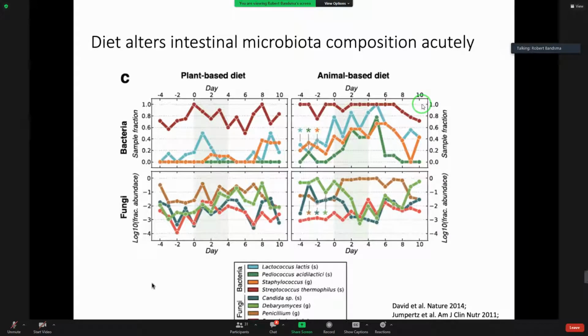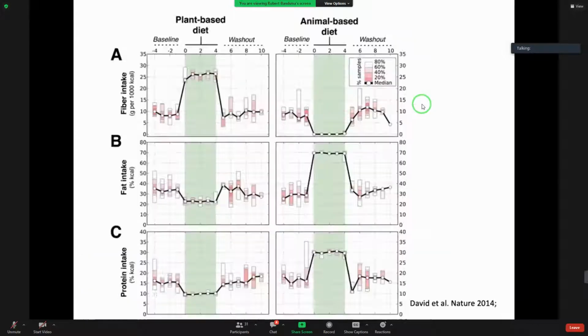So this study really illustrated that even when you're an adult, and you should have a stable microbiome, after a short change in your diet, you can have, within a couple of days, changes in your microbiome. And this explains a little bit the difference in some of the characteristics of the different diets.